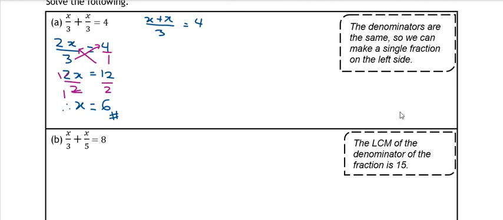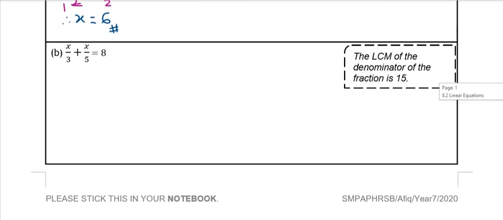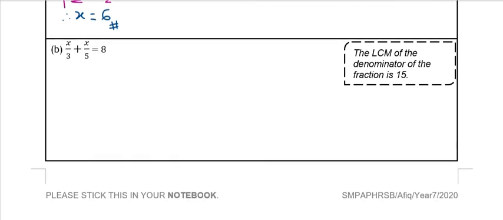Right, so let's move on to the next part, which is x over 3 plus x over 5 equals 8. What we're going to do is make sure of the LCM, which is 15, already given here. So this whole fraction will be multiplied by 5, and this whole fraction will be multiplied by 3.